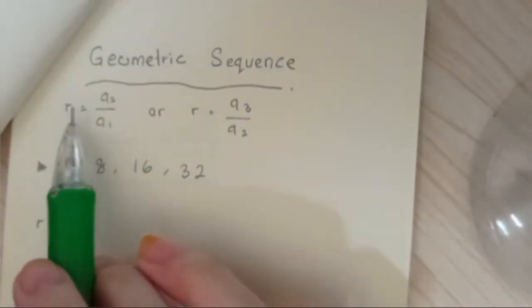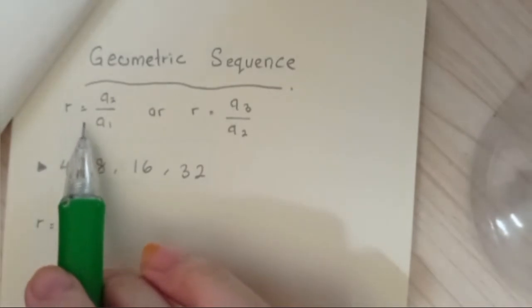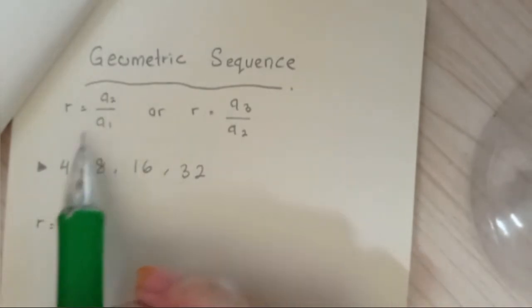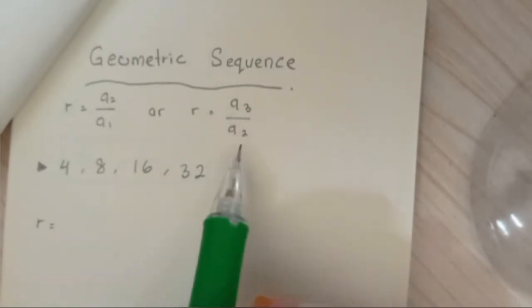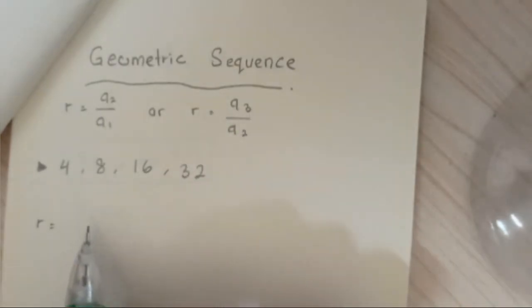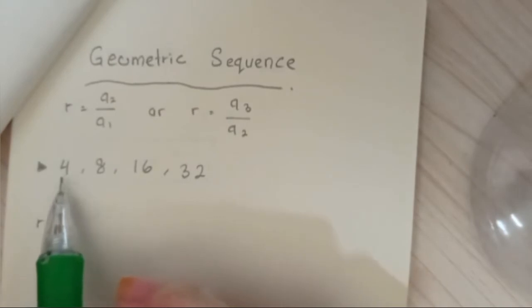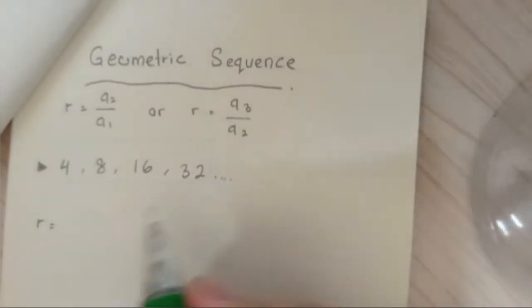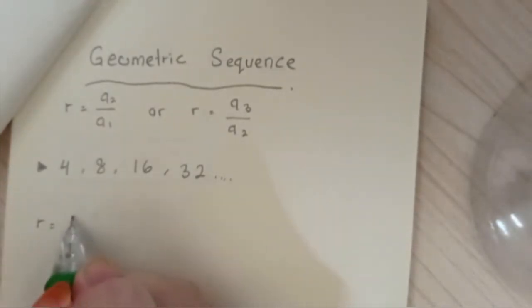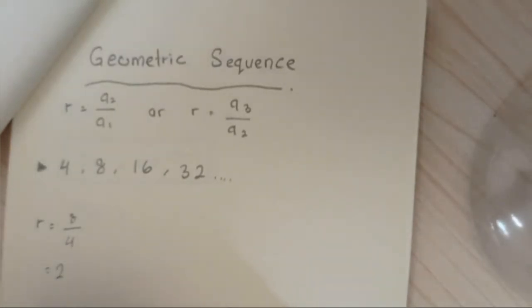To find this common ratio, you divide the second term by the first term, or take the third term divided by the second term. For example, they give you 4, 8, 16, 32 and so on. So we take 8 divided by 4 equals 2.